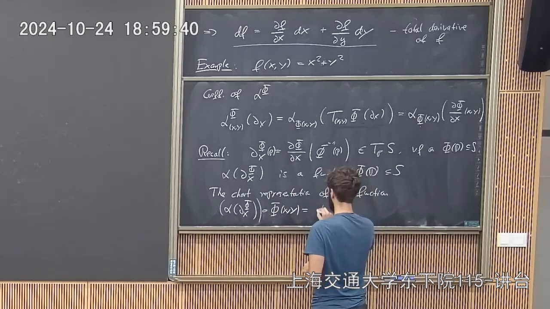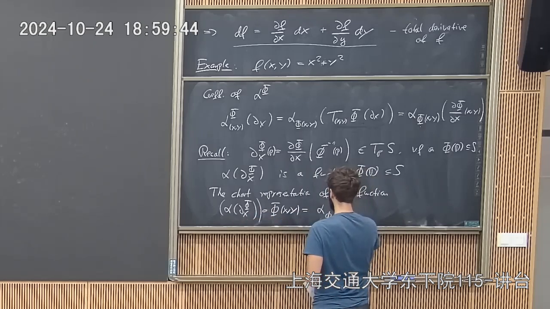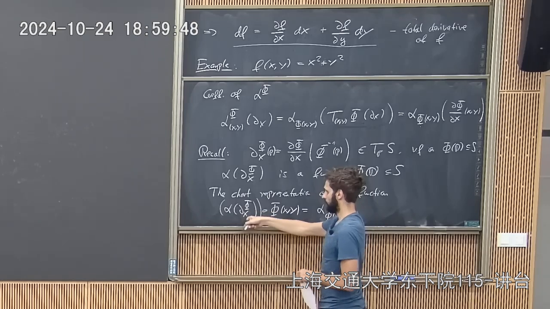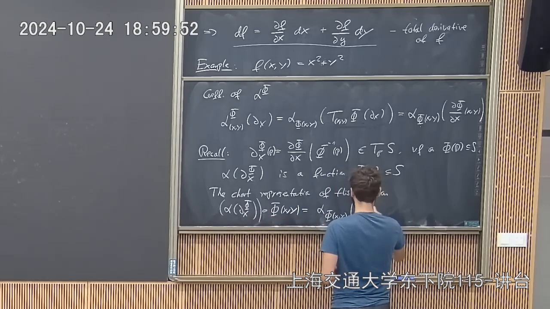So we have this function evaluated at the point, so we get alpha at phi of x, and then we have to evaluate the vector field as well at that point. So it's the vector field dx of phi evaluated at the point phi of x and y.